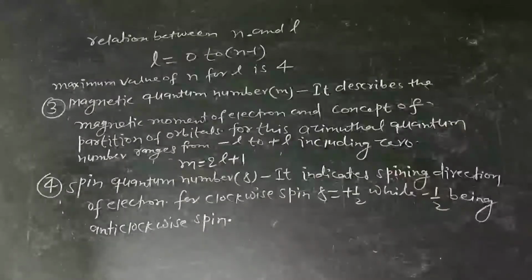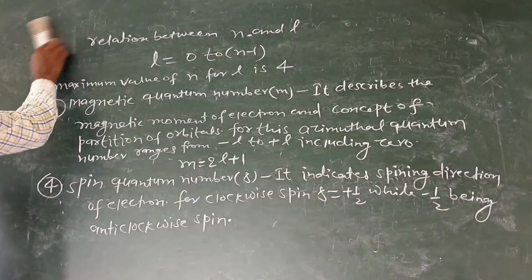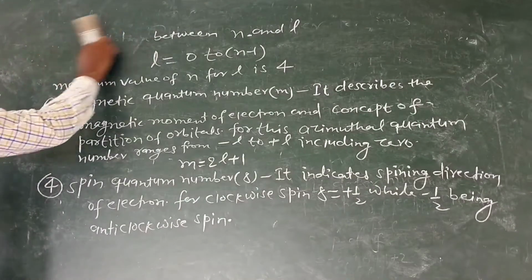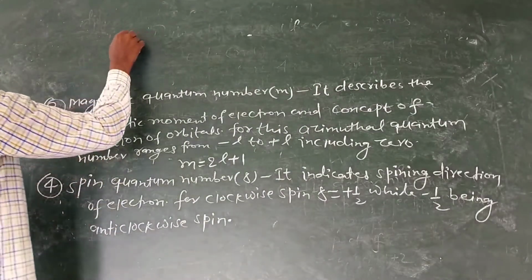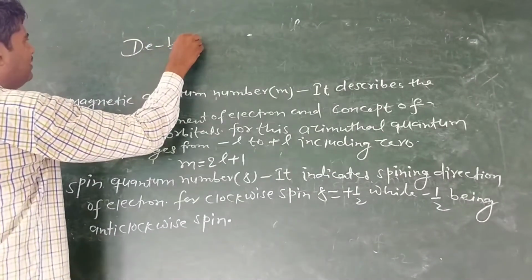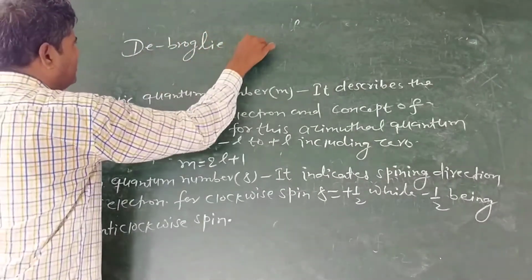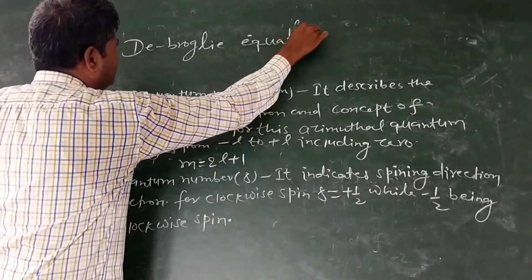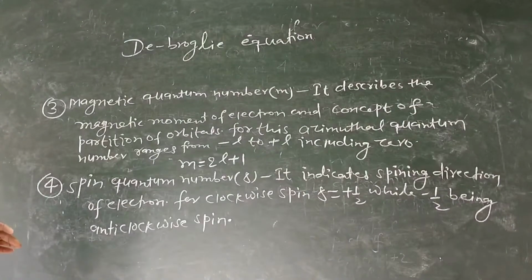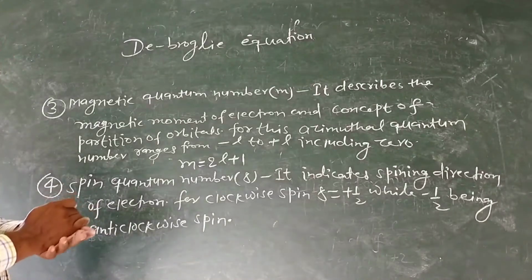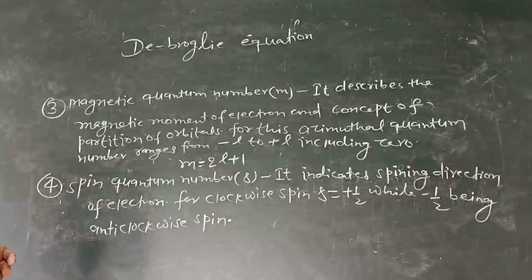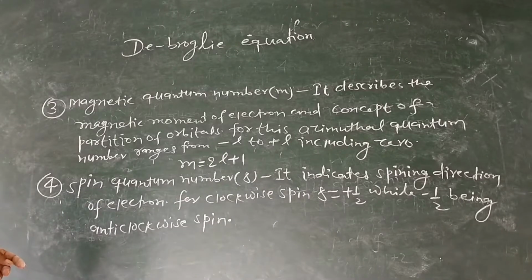Next, de Broglie equation. As you know, the electron behaves like both a particle as well as a wave. The Bohr atomic model and the solar system model are based on, that is concrete evidence, solid proof for the particle nature of the electron.